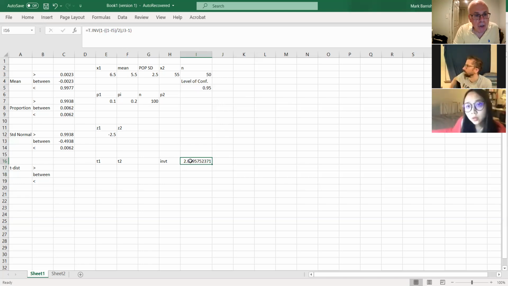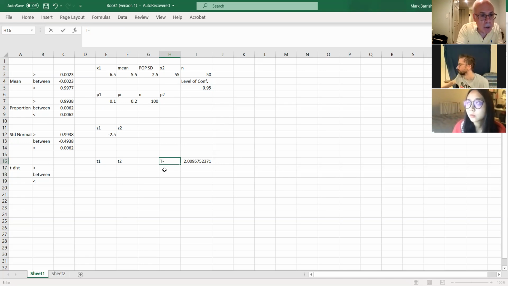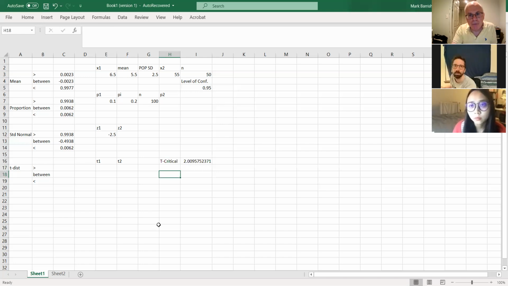So that formula there that I just entered will work. I just have to put in my sample size and my level of confidence, and it calculates my T critical value. So I'm going to call this here T critical. There's my T critical value.